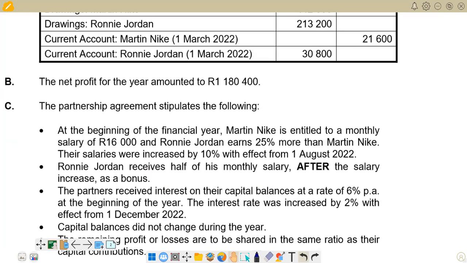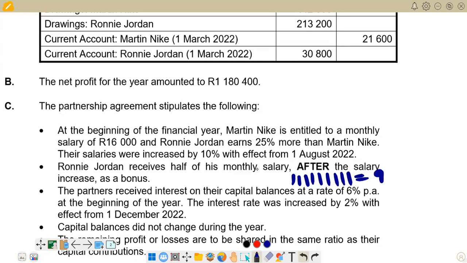We can count the number of months before it increased by 2%: March, April, May, June, July, August, September, October, November, and then on 1 December, it increased. We count 1, 2, 3, 4, 5, 6, 7, 8, 9. So we've got 9 months before the interest on capital increased.